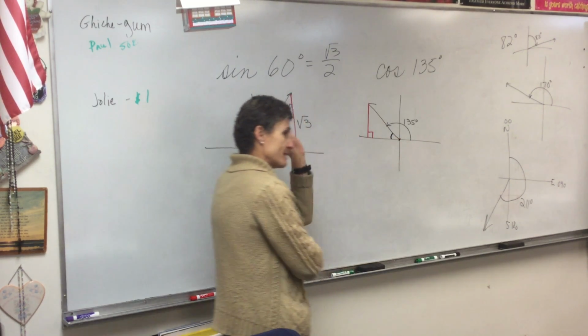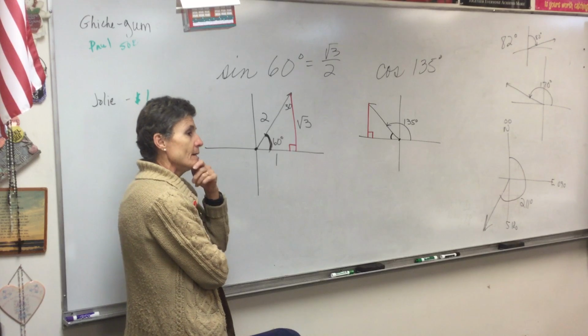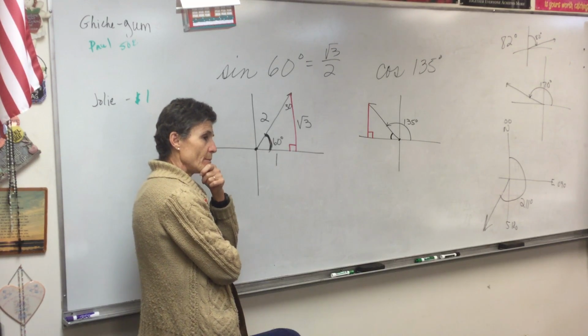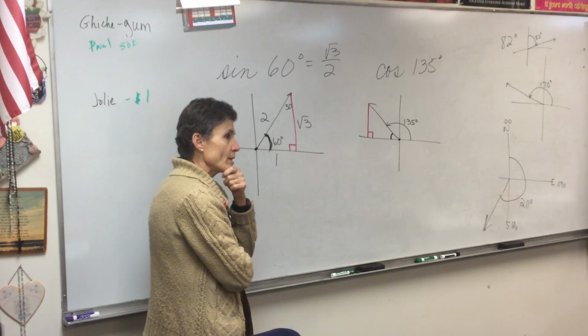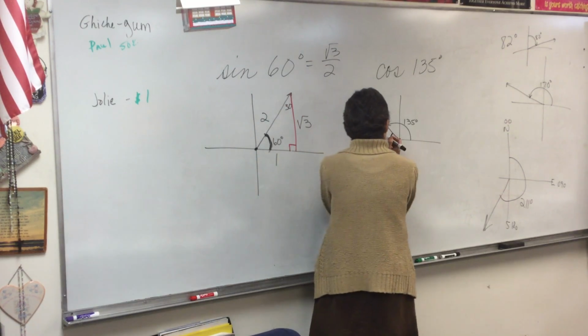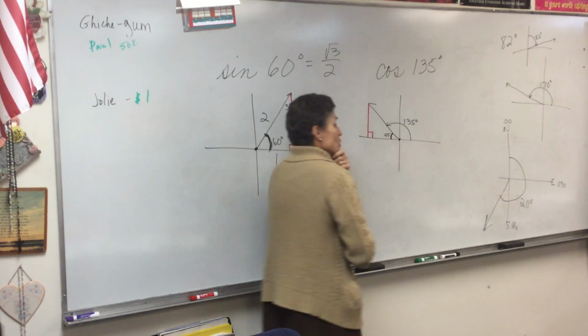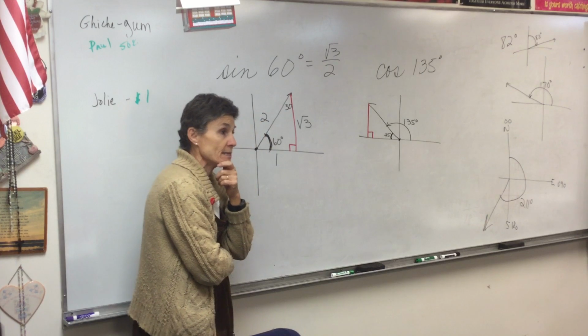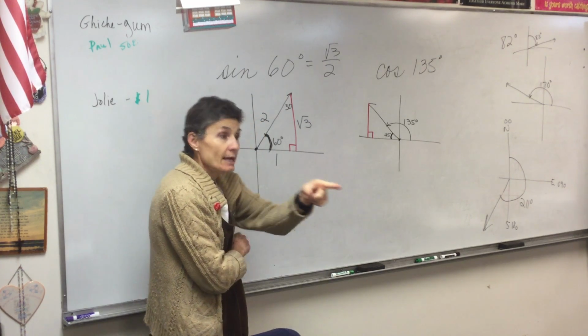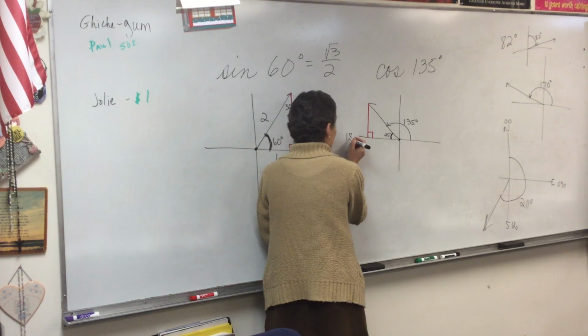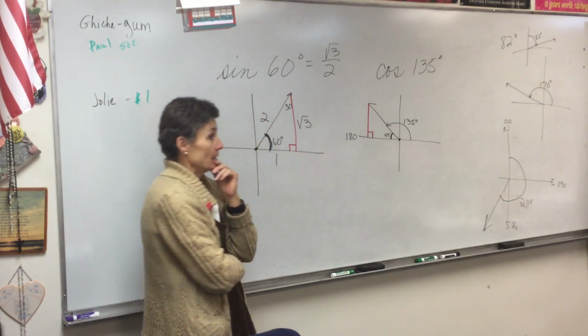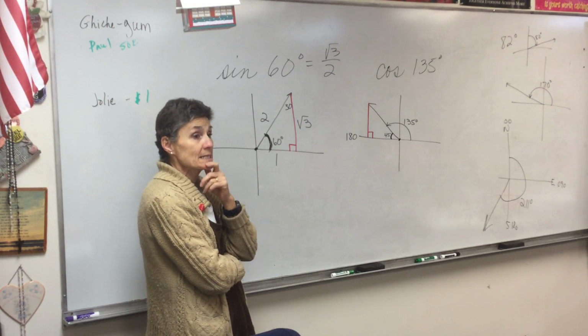So I need to use my thinking cap here for a minute. How big is that angle going to be? 45 degrees. Now, how can we very easily know that's 45 degrees? Exactly. This is 180, isn't it? Every quadrant is 90.